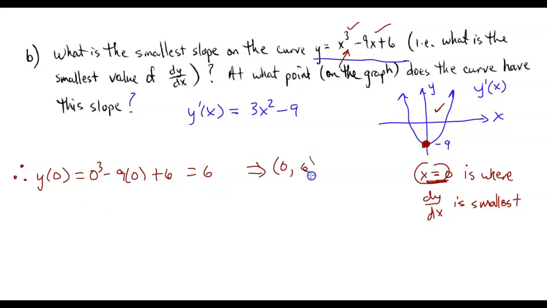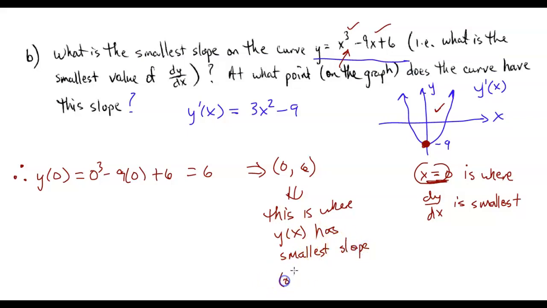Which means here, the point (0, 6), this is where y of x has smallest slope. And I'm going to put in parentheses here of tangent line.